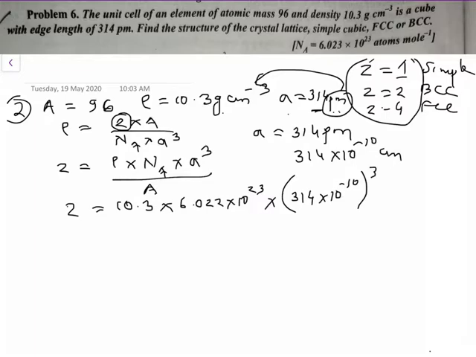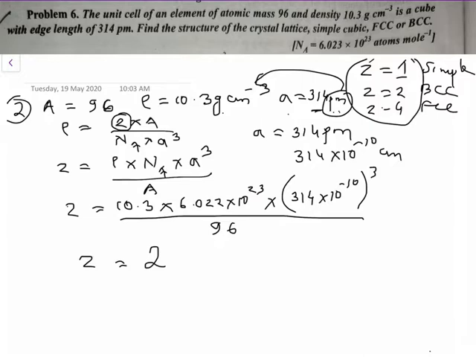So this whole thing I'll divide by the atomic mass, which is 96. Now if you use your calculator, let's see how much it comes. Oh yeah, it is coming almost equal to 2. So Z value is coming 2.